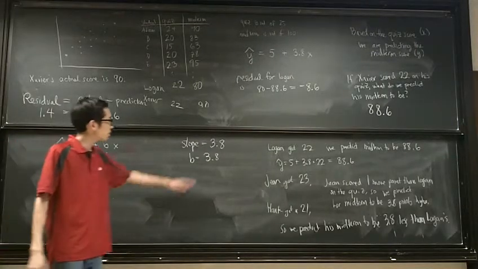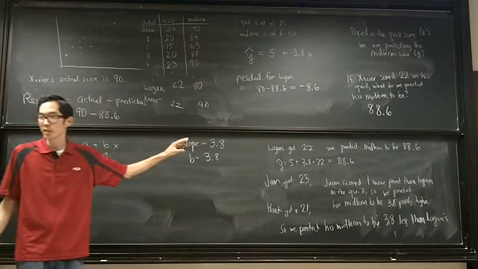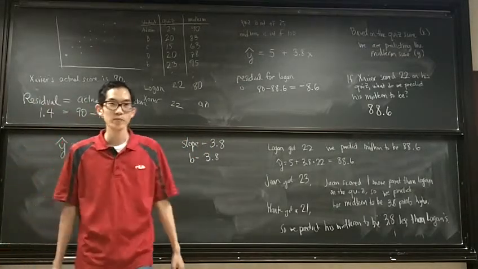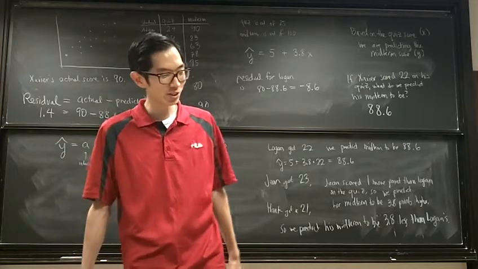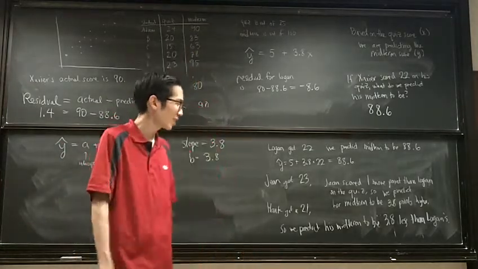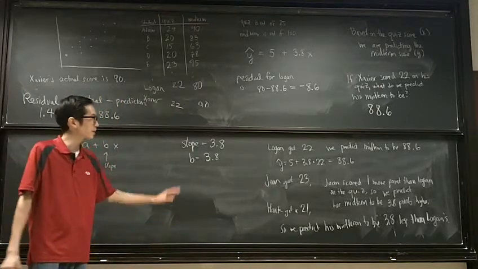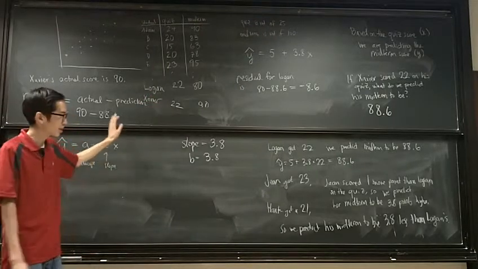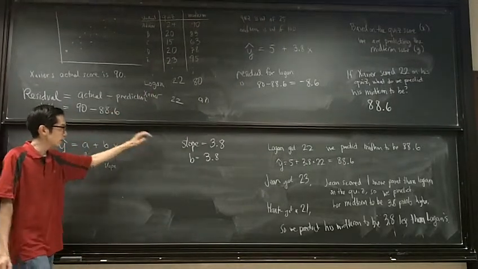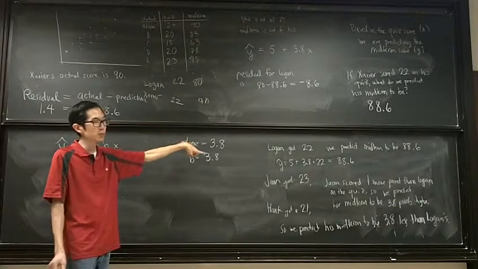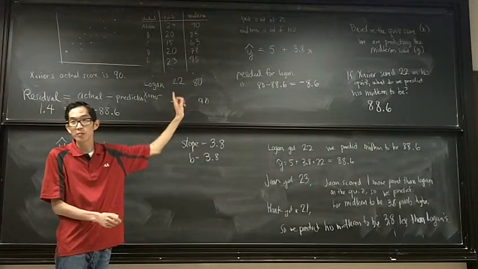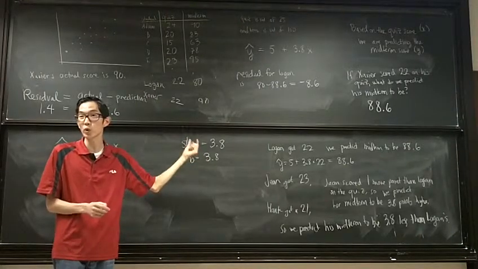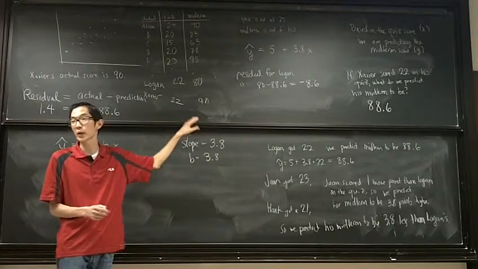What does it mean to have a slope of 3.8? You're using the terms rise and run, which I don't think makes sense for this, though that's a lot of times how slope is taught to you. But basically, what our slope tells us is how much we expect y to change based on a change of x of 1 unit. When we change x 1 unit, how much do we expect y to change?